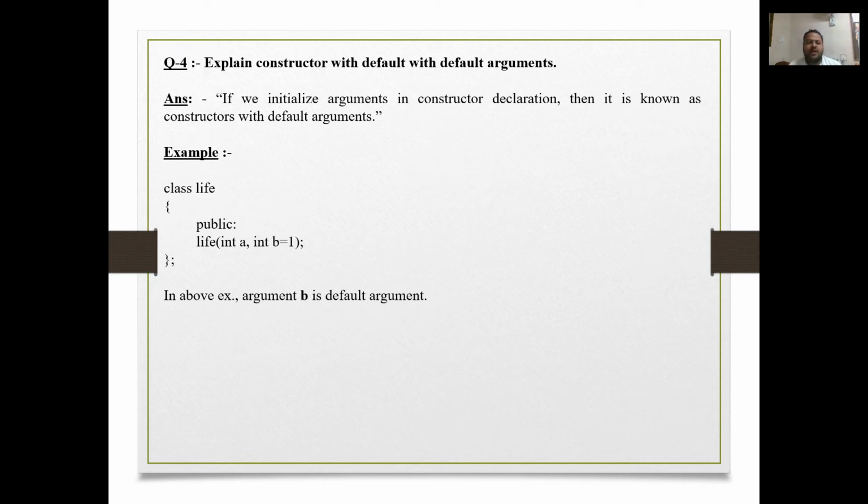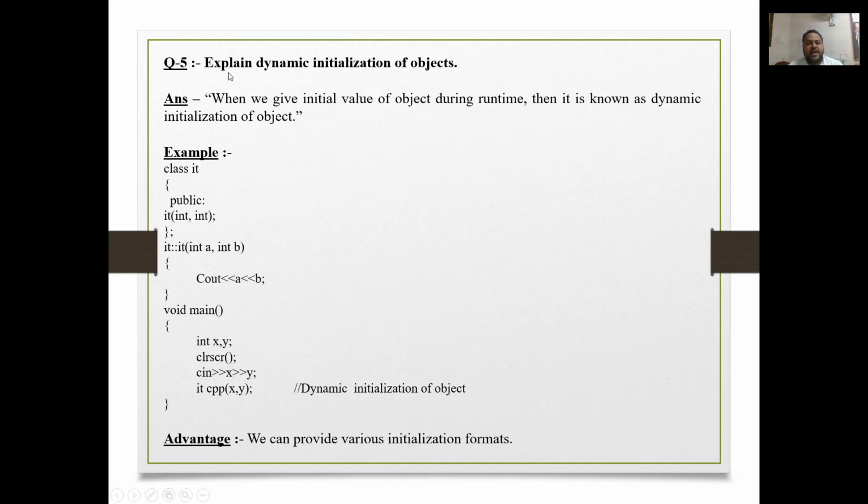Now the next one is: explain dynamic initialization of object. When we give the initial value of an object during runtime of the program, then it is known as dynamic initialization of an object.